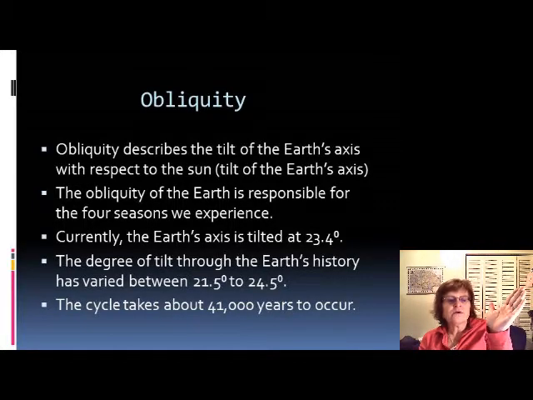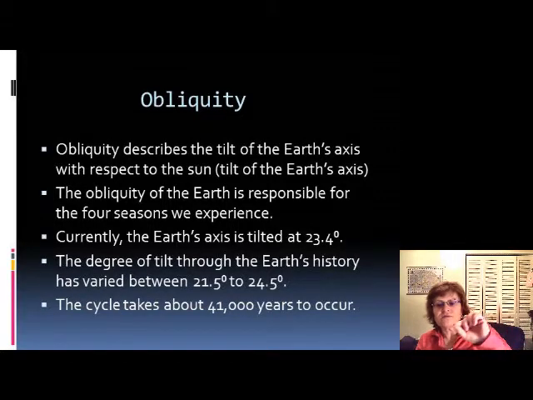Currently, the Earth axis is tilted about 23.4 degrees. The degree of the tilt through Earth history has varied between 21 to 24.5. And the cycle from 21.5 to 24.5 takes about 41,000 years to occur.